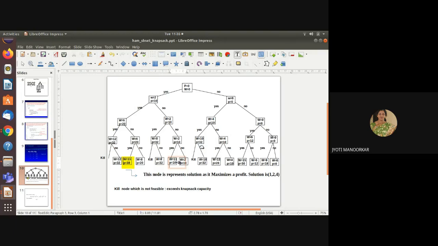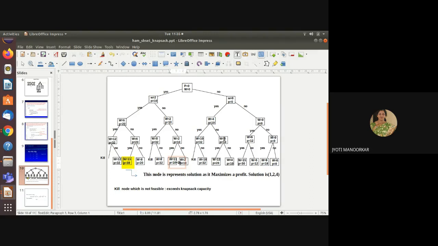Then try to explore it for a right child. So the right child represents that we are not considering the fourth element. So the weight will remain as it is and the profit will also remain the same. So similarly, we are creating the subsequent nodes. Can you cross check the remaining values for these nodes? I'll give you 5 minutes so that you can check the further calculations.